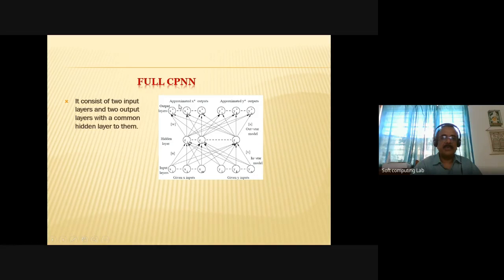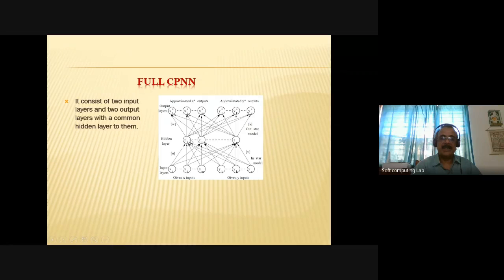The first output layer is going to carry the information of X star, that is the input-side variables, and the second output layer consists of the information of Y star, that is the output. So it consists of two inputs, two outputs, and in between we have the hidden layer.